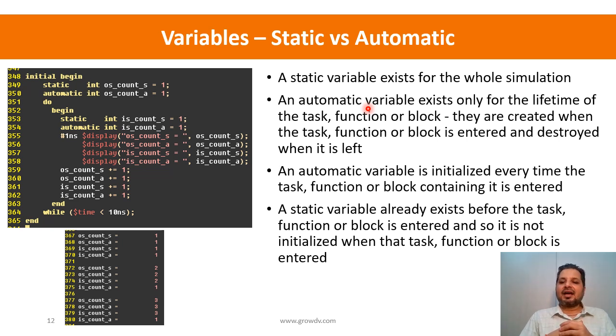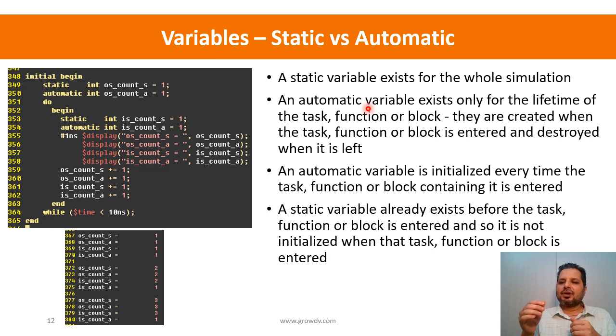Even if you don't have an explicit initialization, for every data type there is a default value: for int it will be 0, for a class object it will be null. It will get initialized with that default value as soon as it enters the block, either with the explicit value or the implicit value, depending on the data type you are using. For the static variable, from the initialization point of view, since it already exists and is already being utilized, it is not initialized.